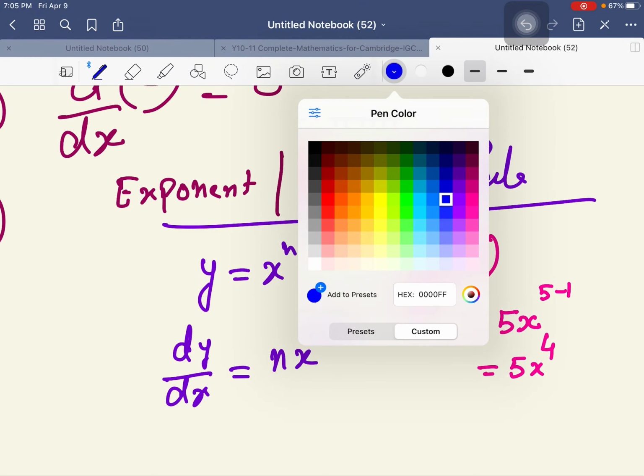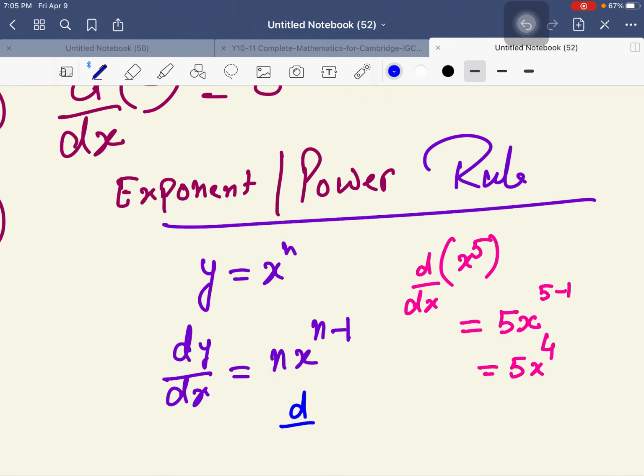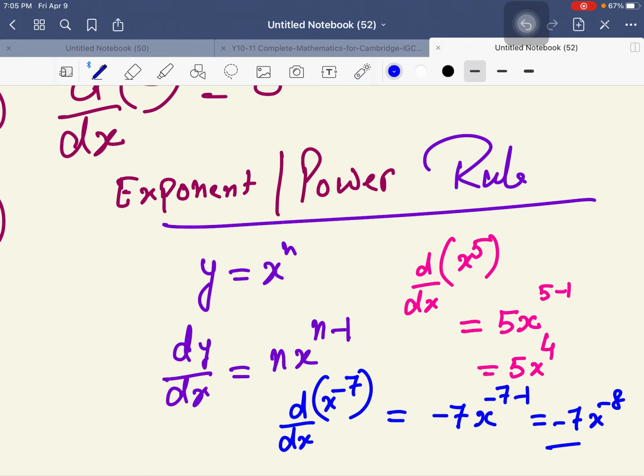One more example, if I try to find derivative of x power minus 7, now the exponent is minus 7, it comes in front as a multiplier, and x power minus 7 minus 1 reduced by 1, not plus 1. So it becomes minus 7x power minus 8.